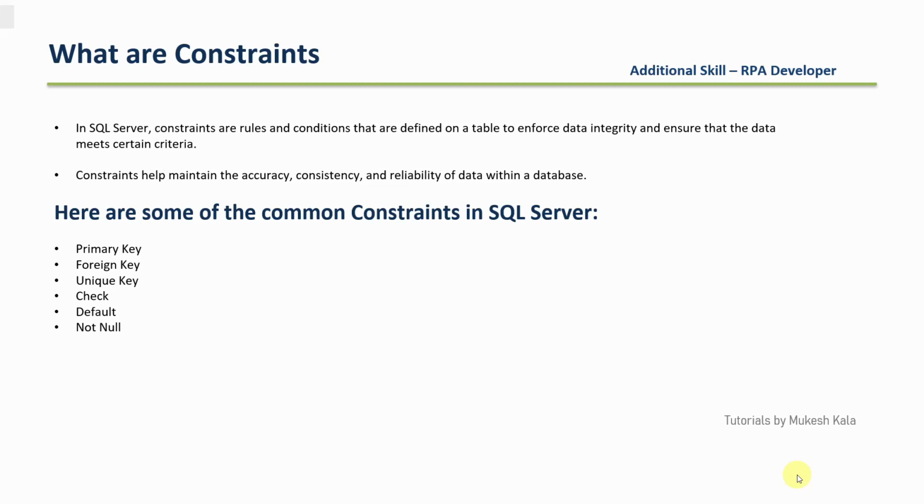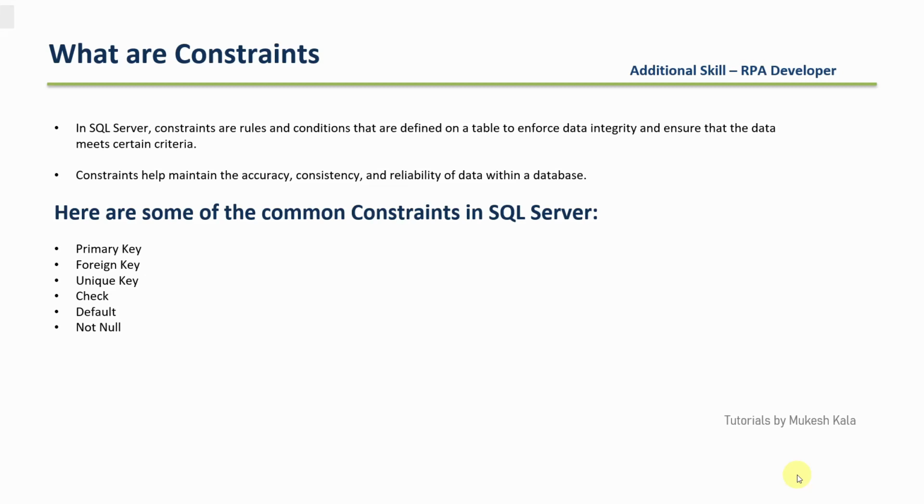So in case you are creating a database and inserting data into it and you want to make sure that your data is accurate, consistent and reliable, we use something called constraints.